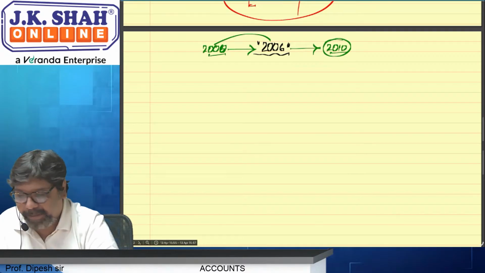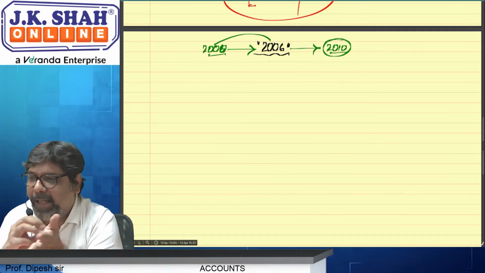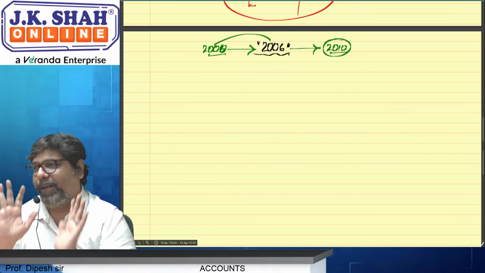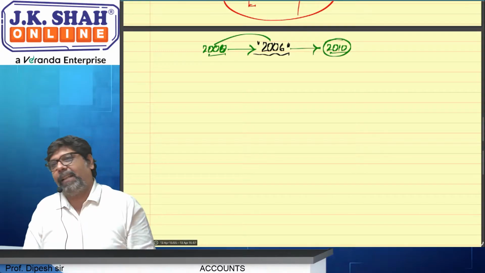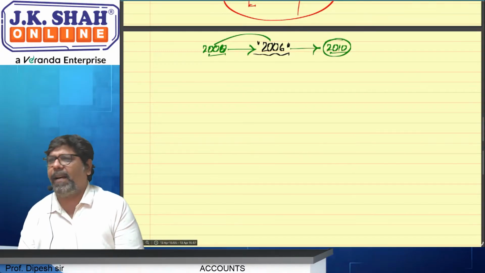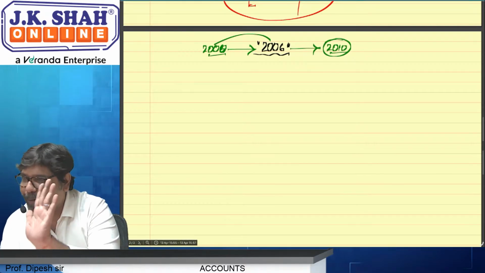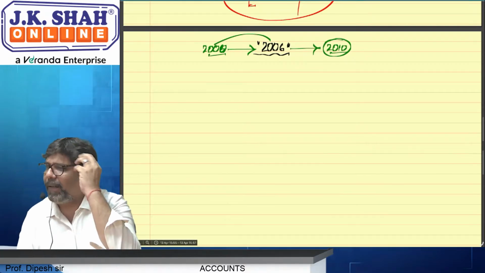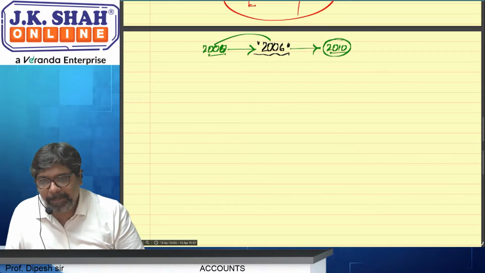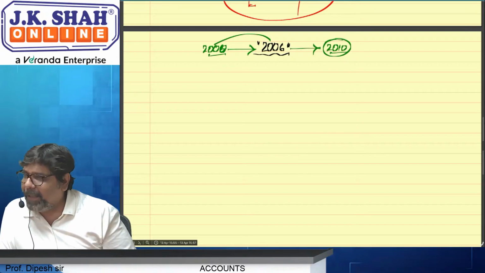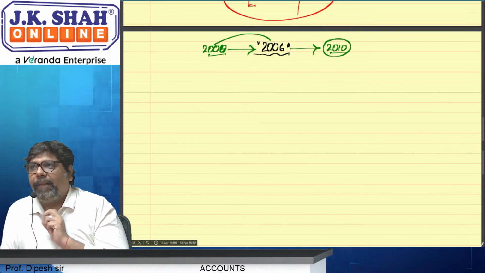Understand what I am trying to say. As soon as I pick up any AS, there is a title, like AS 1, Disclosure of Accounting Policies. Before reading anything, I will start thinking. The first question that will come to your mind is, what is accounting policy? The second question, disclosure of accounting policies, where will you disclose?